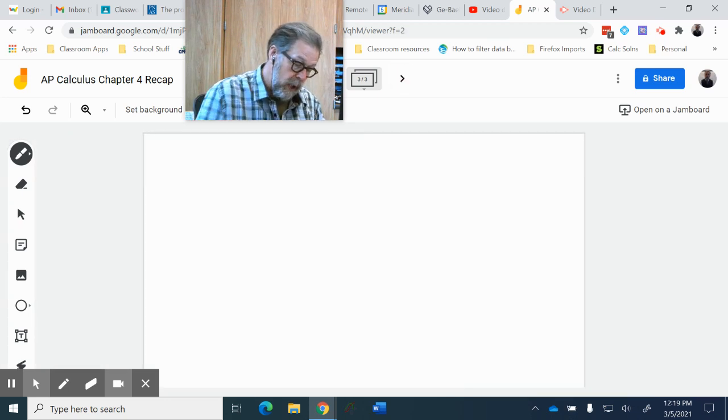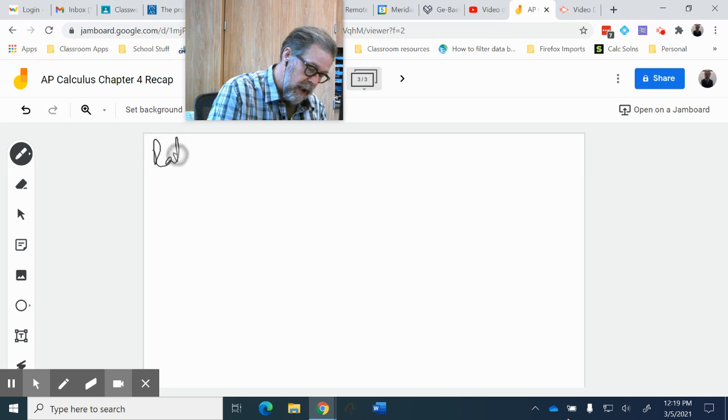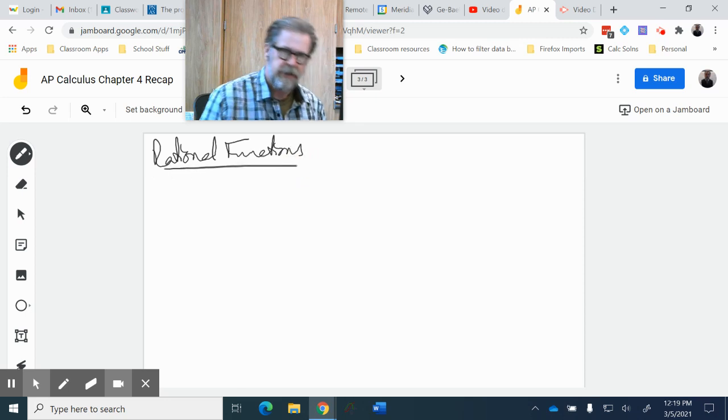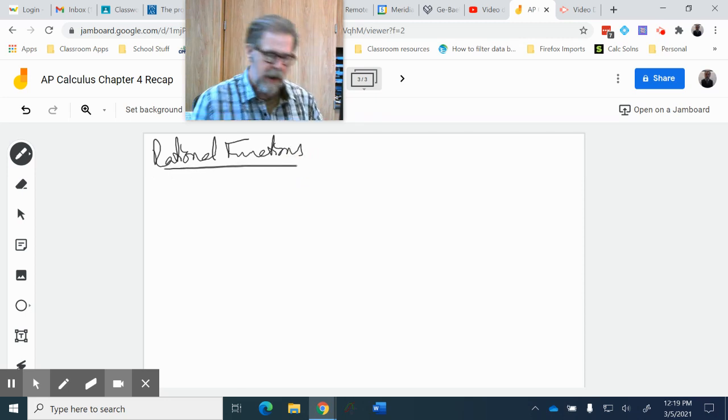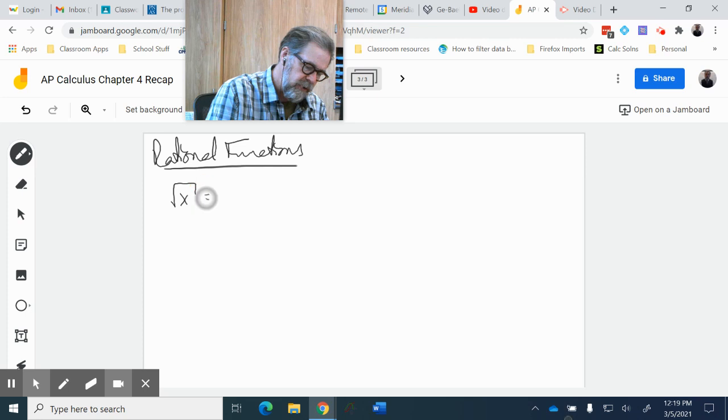A couple quick reminders. We talked about rational functions. Anytime you have a rational function, write it as a power, use the power rule. So the square root of x is x to the 1/2. So if I need to take the derivative of the square root of x, that's the same as the derivative of x to the 1/2.